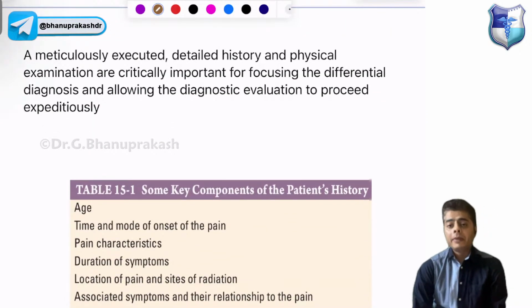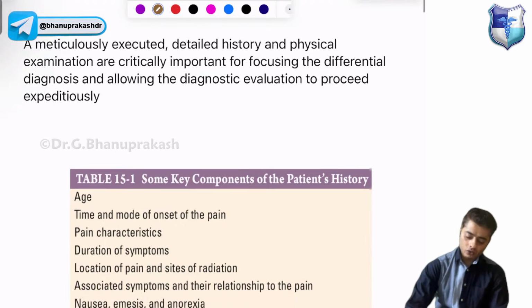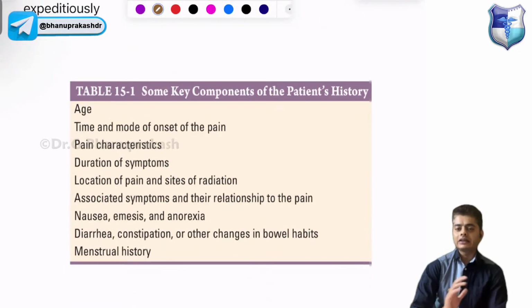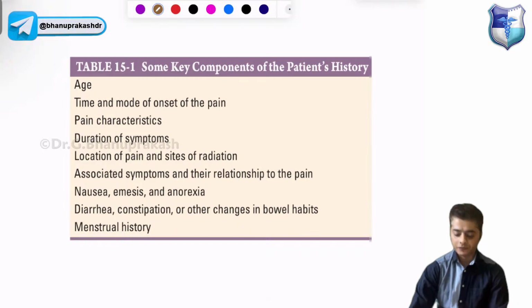A meticulously executed, detailed history and physical examination is critically important for focusing the differential diagnosis and allowing the diagnostic evaluation to proceed. So, what are the key factors we should consider while evaluating a patient? That comes under patient history. First is their age, and the time, mode and onset of the pain.